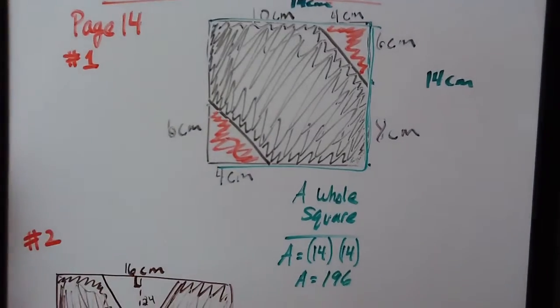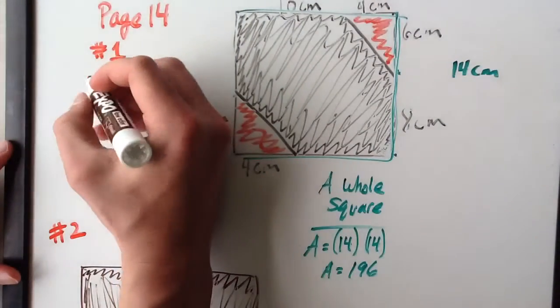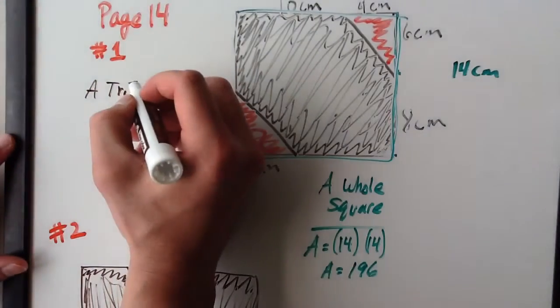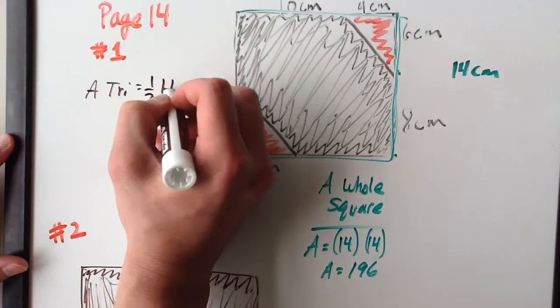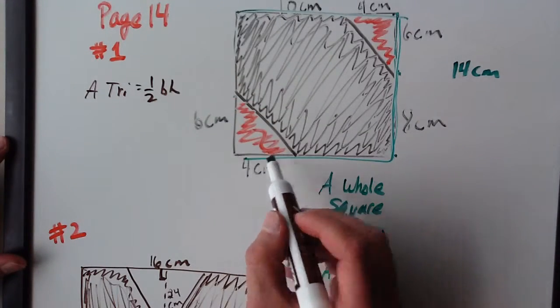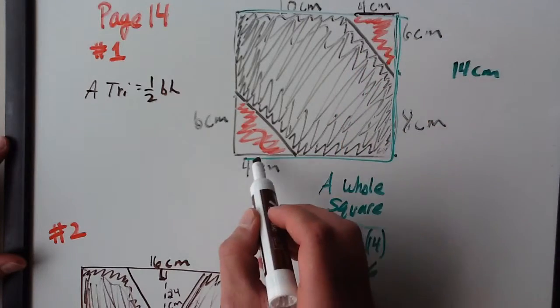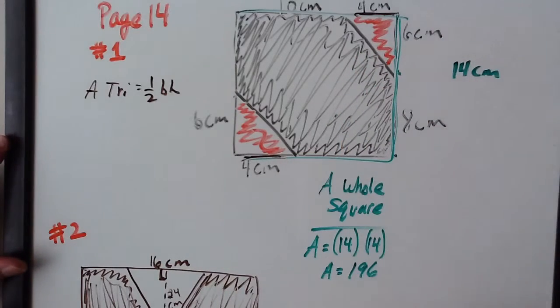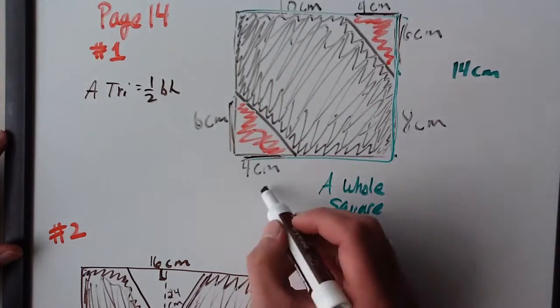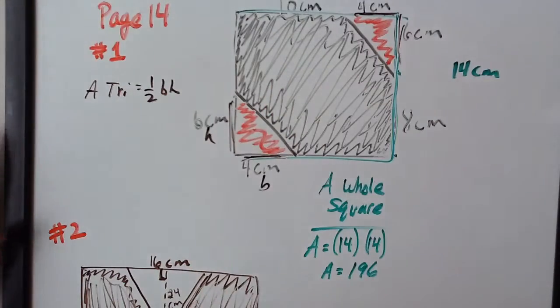Area of triangle. I'll put TRI for triangle. Area of a triangle is 1/2 times base times height. And these triangles are the same. They both have a base of 4. That base is 4. This base is 4. And they both have a height of 6. Okay, so base is 4, height is 6. Plug that into your area equation.